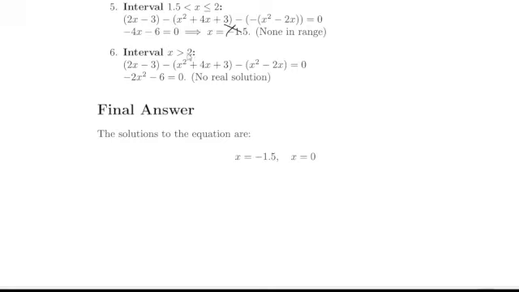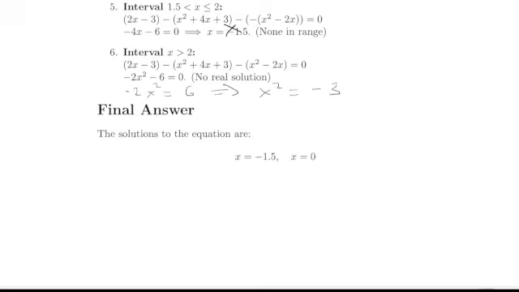Finally, the last interval is x greater than 2. Now these are all positive, so we'll leave them as they are, just remove the absolute value. Simplify to negative 2x squared minus 6 equals 0. And here we can add 6 to both sides and divide by negative 2.